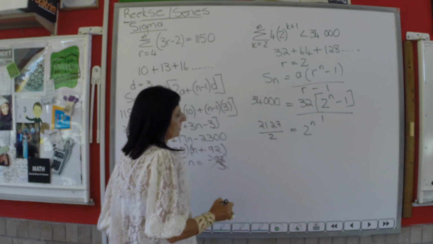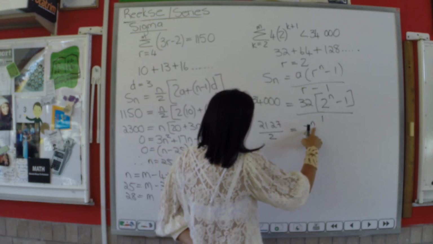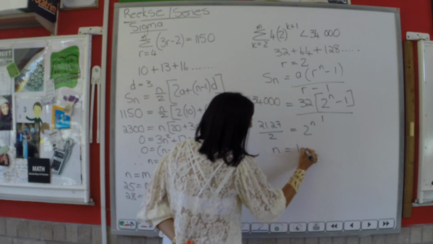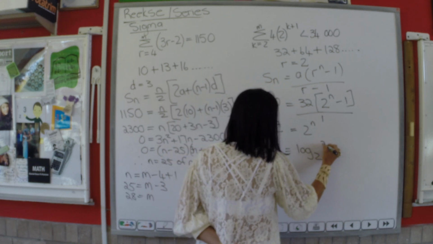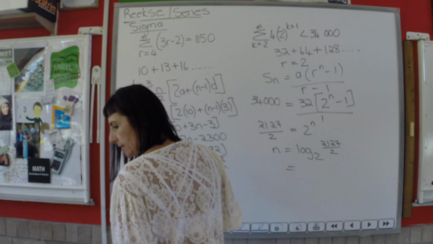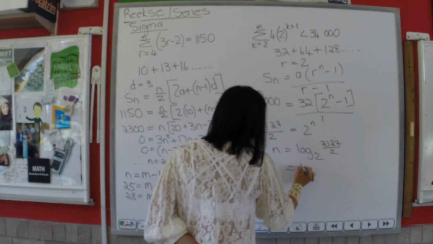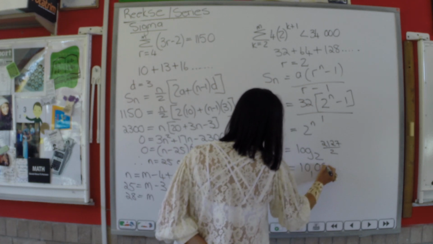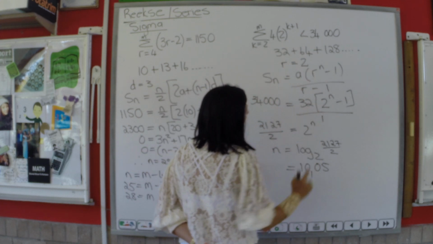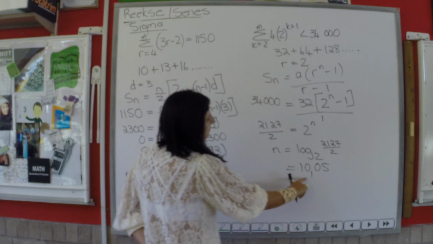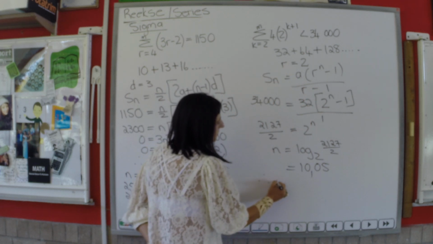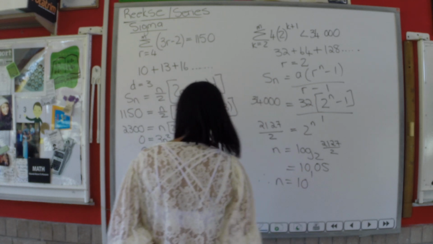So as ek dan logs gaan gebruik om vir n uit te werk, gaan ek sê, n is gelyk aan die log van 2127 op 2, en dit gee vir my 10,05, just above 10. So I need to know the term just smaller than 34,000.